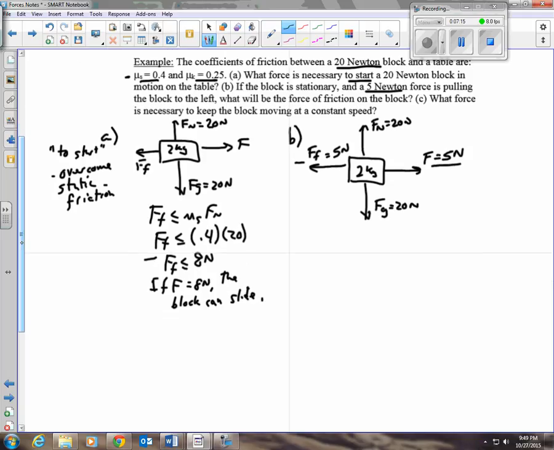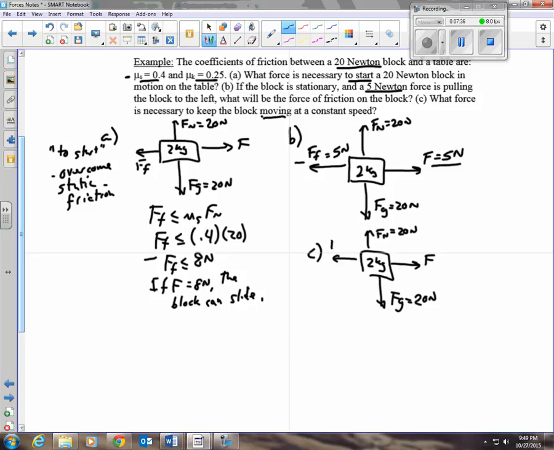And then part C, what force is necessary to keep it moving at a constant speed? So now we're moving. So if I draw my free-body diagram again, I have 2 kilograms, forward force. The force of gravity is 20 newtons. Fn is 20 newtons.